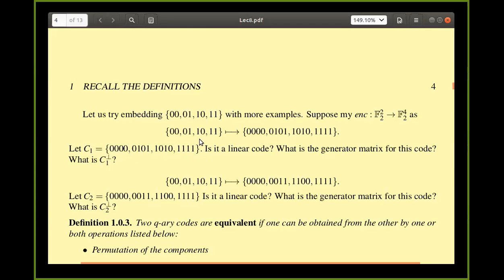I am putting C1 as the name for this one. C1 is a linear code. Is it a subspace of F2 power 4?